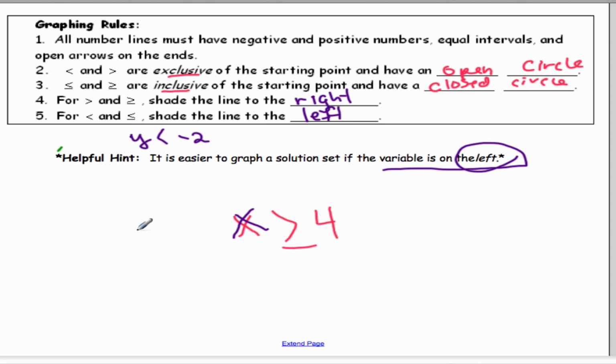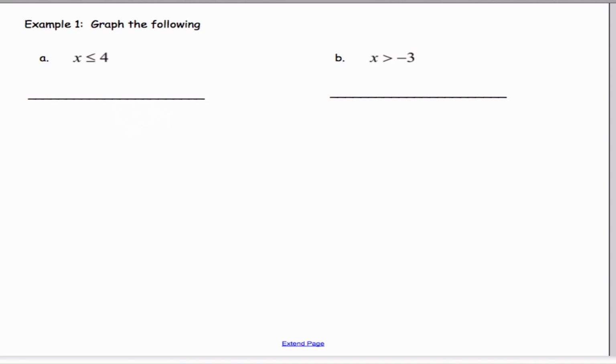So let's talk about what that means. When we look at this, it says x is less than or equal to 4. So we want to go to our number line and put arrows on both ends to show that this is a number line going forever in both directions. And we can show just the value 4 since we're doing just a basic sketch here.